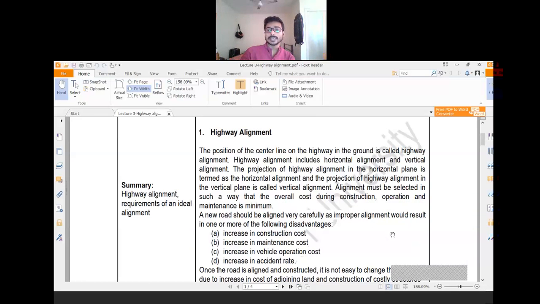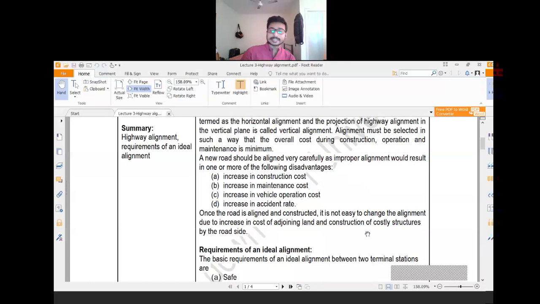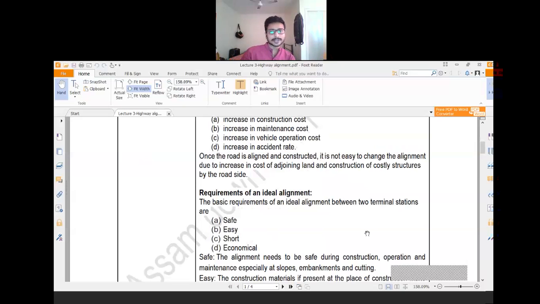If an improper highway alignment is made, it will increase the construction cost, maintenance cost, and vehicle operation cost, and it will always increase the accident rate.